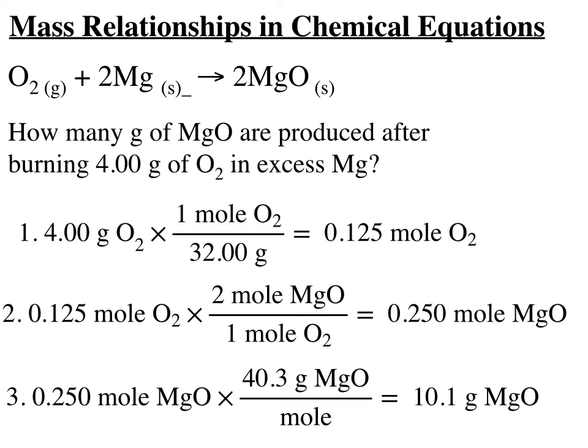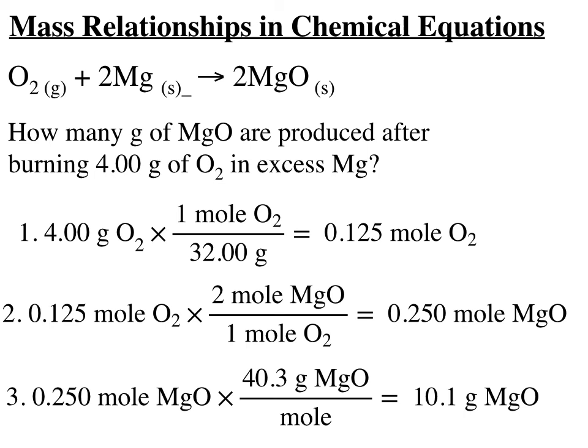Now, before we move on, here's another interesting point. I reacted 4 grams of O2, and I produced 10.1 grams of MgO. Guess where the additional mass of MgO came from? It didn't come out of thin air. It obviously came from the magnesium I reacted in addition to the oxygen.